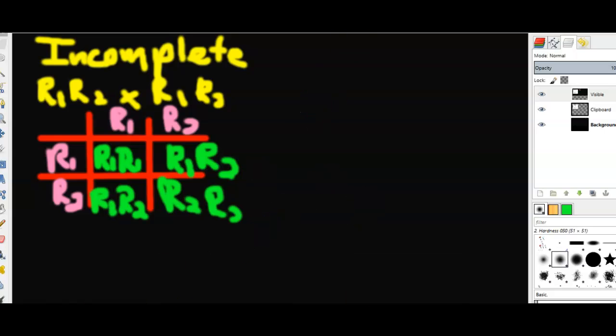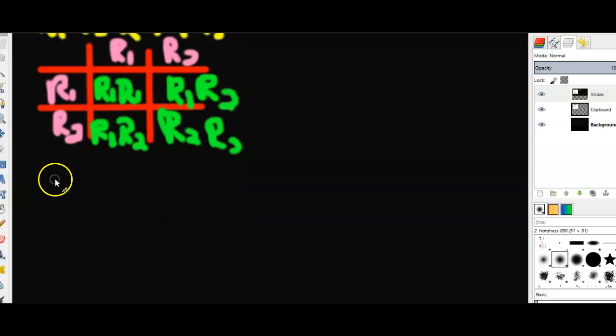Now what we're going to do is find the genotypic ratios and the phenotypic ratios. So let's find the genotypic ratios first. I'm just going to put a G like that, genotypic ratios. So we have 1 R1 R1.